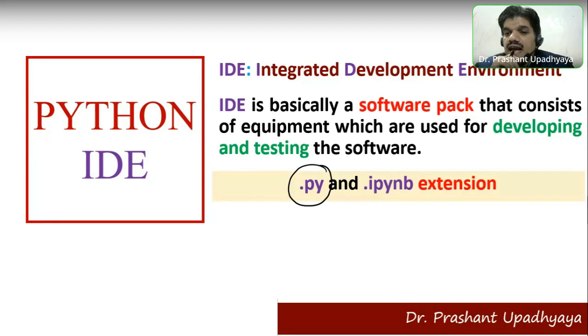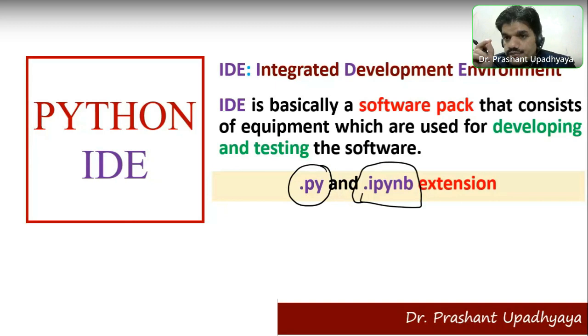Sometimes you download files from the net and you find the .ipynb extension. When you get a file with that extension, it means the program is written in an interactive notebook.